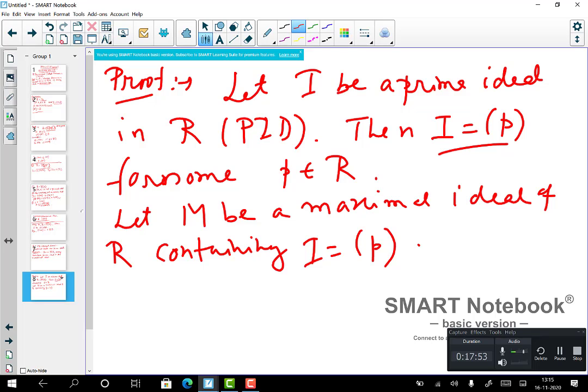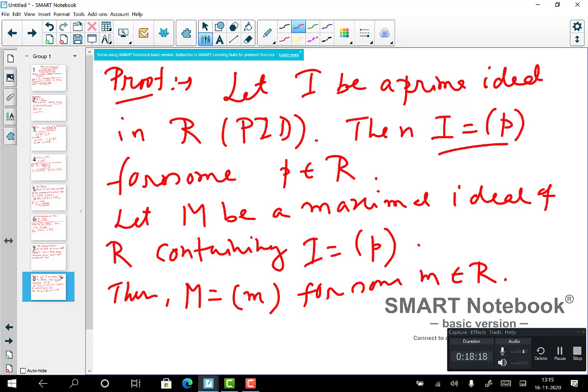Okay, but what is the advantage here? The advantage is that your ring is a principal ideal domain, and hence this maximal ideal can also be generated by a single element, right? So thus you have M generated by some element, say small m, for some m belonging to R. This maximal ideal is a principal ideal.